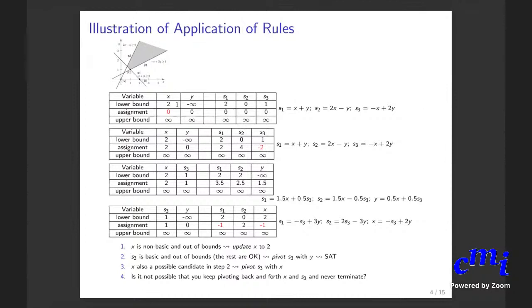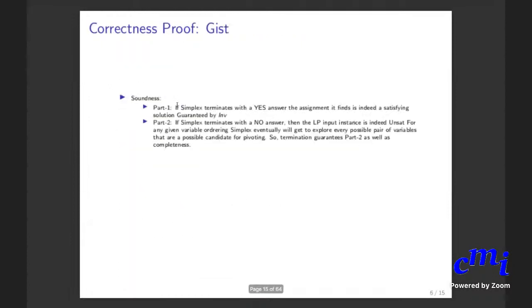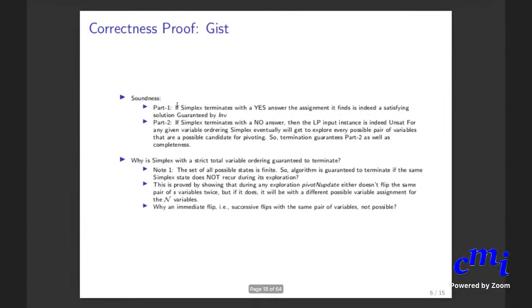Since there are only finitely many variables with finitely many lower and upper bounds, the number of configurations is finite. Non-termination is possible only if the same configuration recurs.